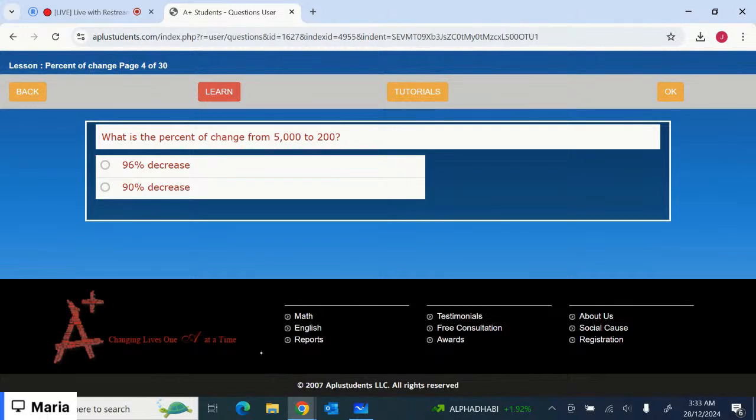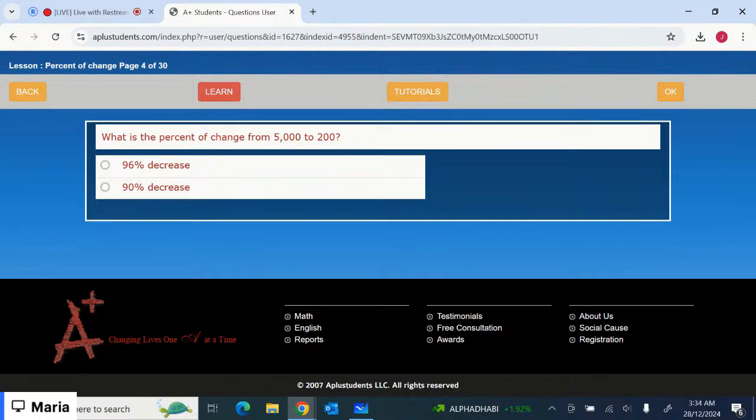What is the percent of change from 5,000 to 200? That is the decrease.